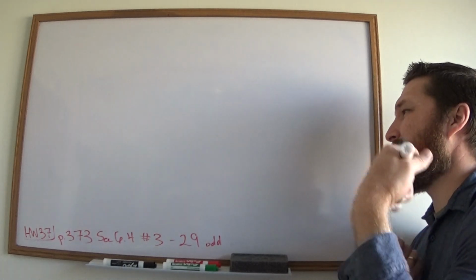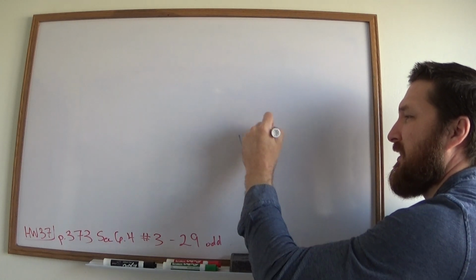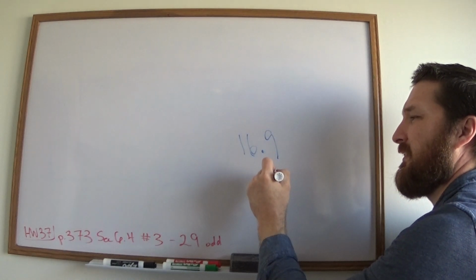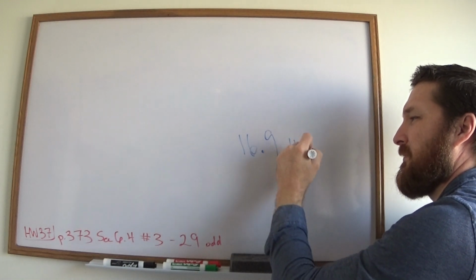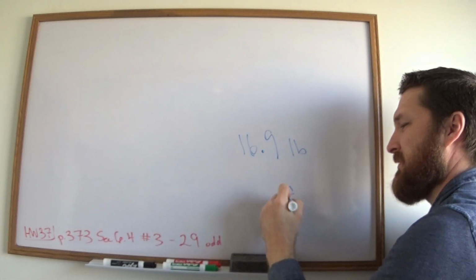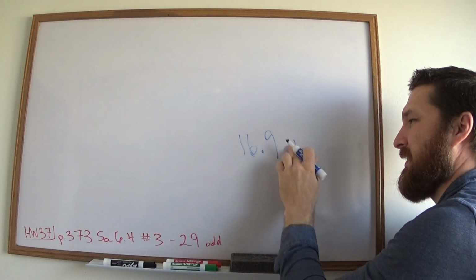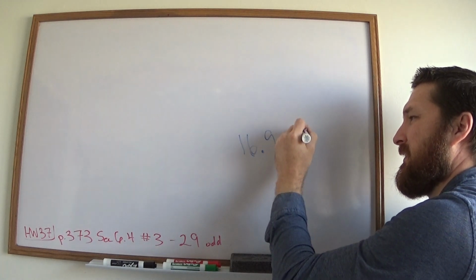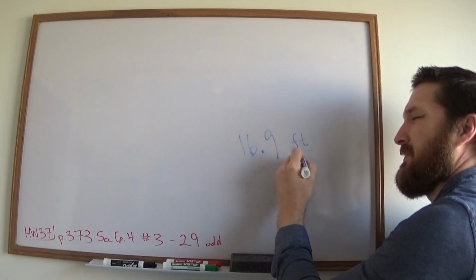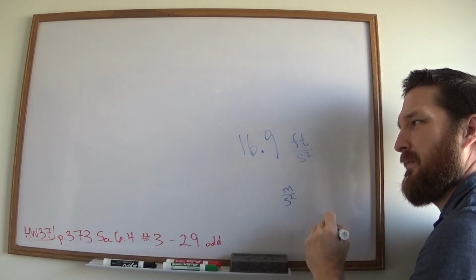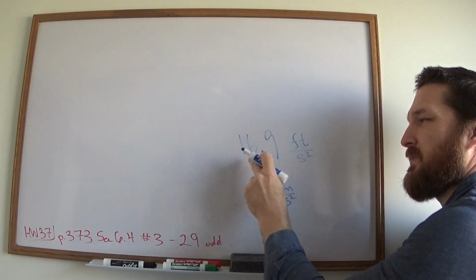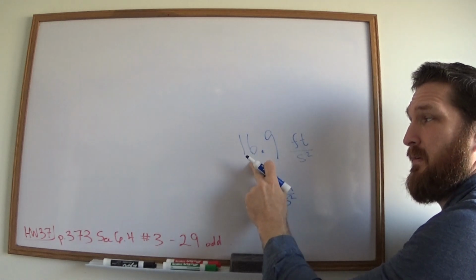Only it's 32, I think, in feet per second squared, something like that. And that's what it is on the Earth. I could be wrong about that.